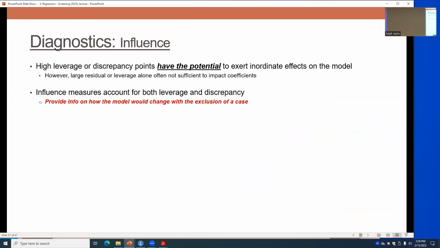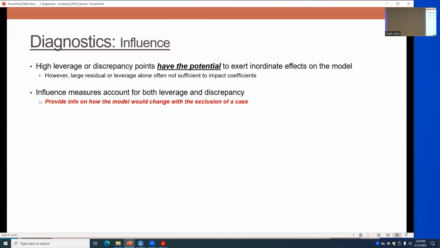Okay. All right. So, to get us up to speed from last time, I just wanted to sort of bring us up because this is all probably mostly kind of new information to people. This, Jalen, gets to your point, right? We can have high leverages. We can have high discrepancy points that individually have the opportunity to exert impacts on our model that we would not like.